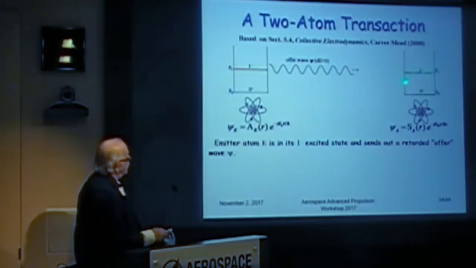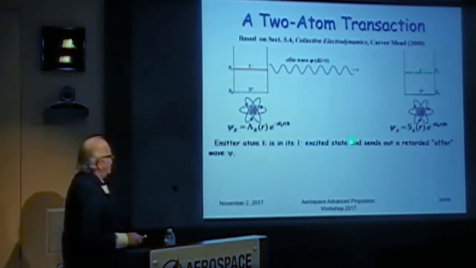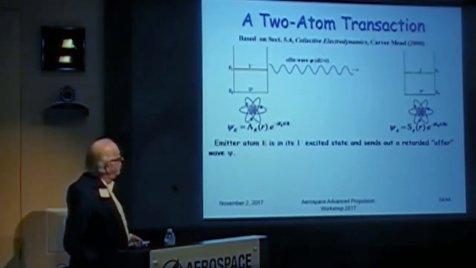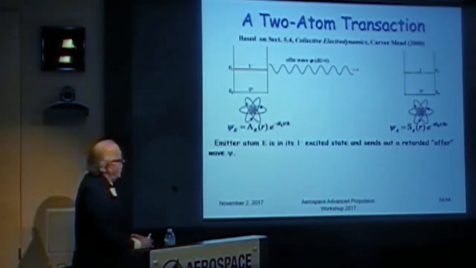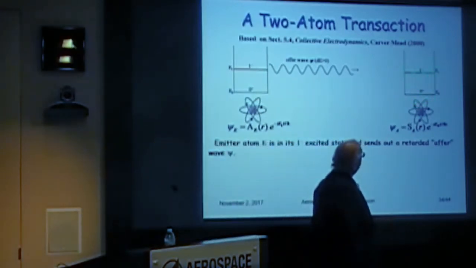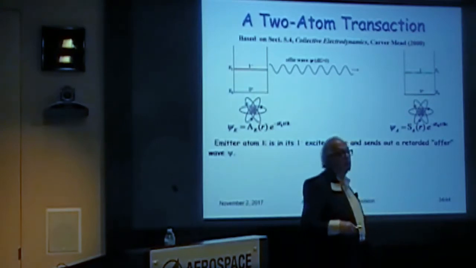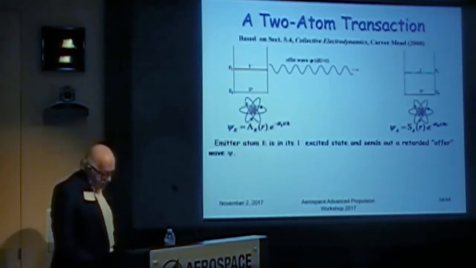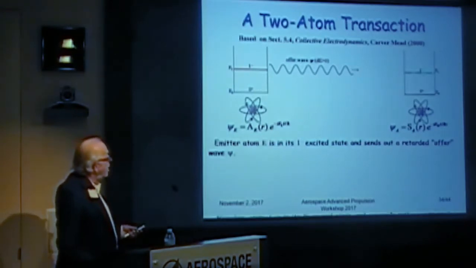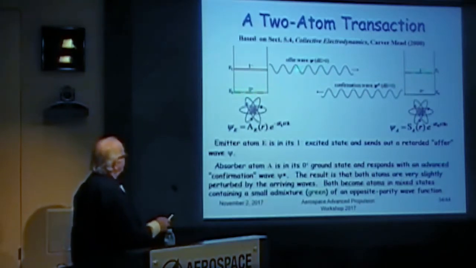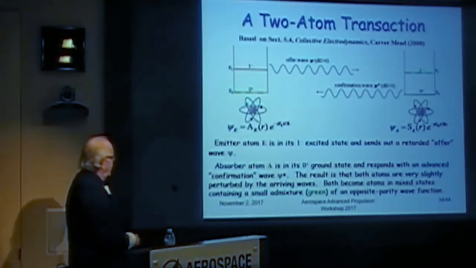And it arrives at this atom and perturbs it slightly, giving a very, very tiny amount of amplitude to the 1- state of this atom. And the result of that is that this atom is now in a mixed state. It has a 0+ ground state with a slight perturbation of 1-, and that turns out to produce a time-dependent dipole oscillation in this atom. It sends back the confirmation wave and perturbs the offer wave into the ground state.